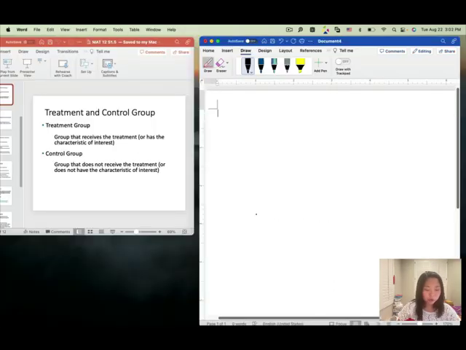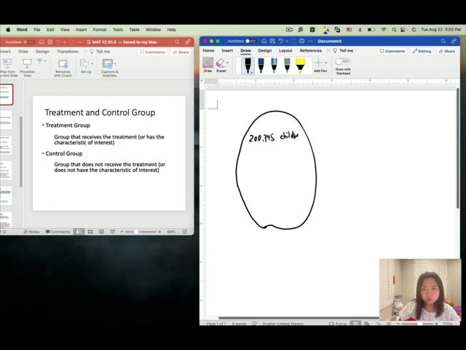Okay, in the experiment, we have one treatment group. We have 200,745 children in this group, and we call this the treatment group.